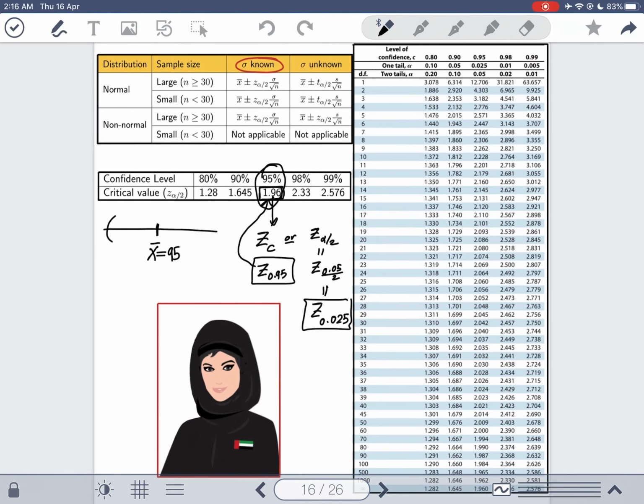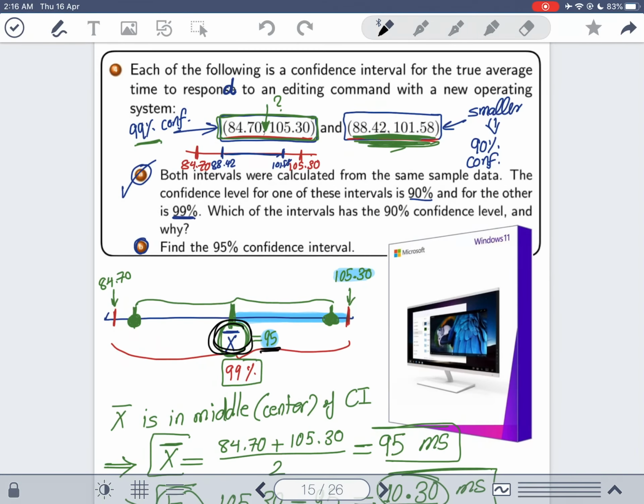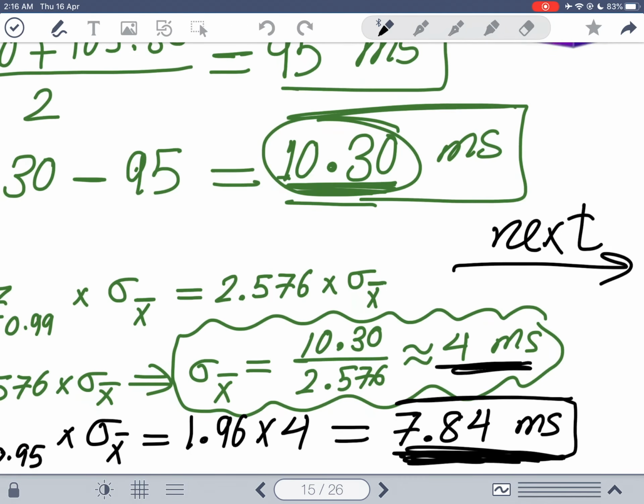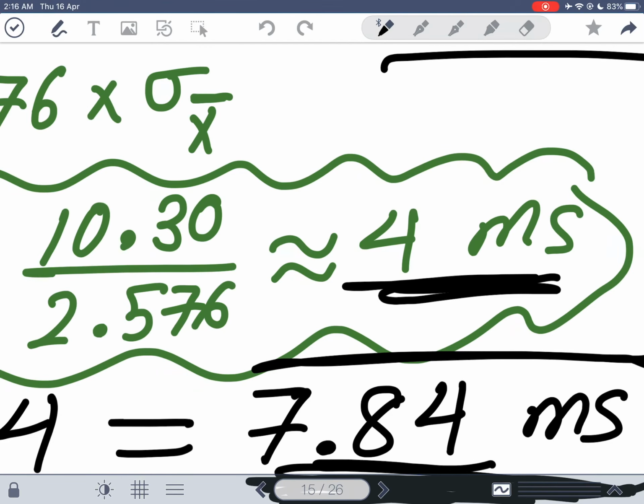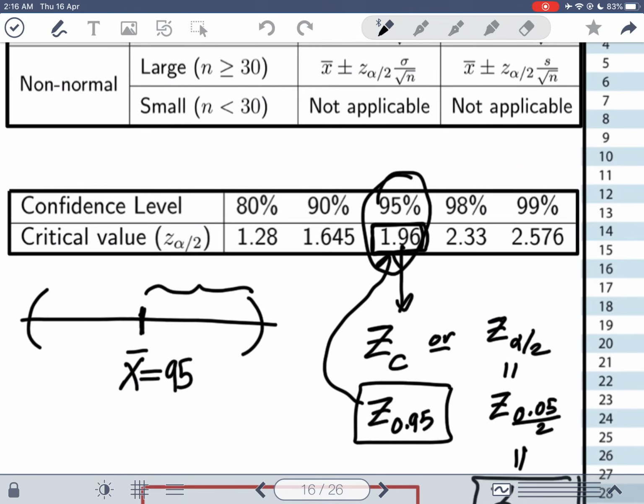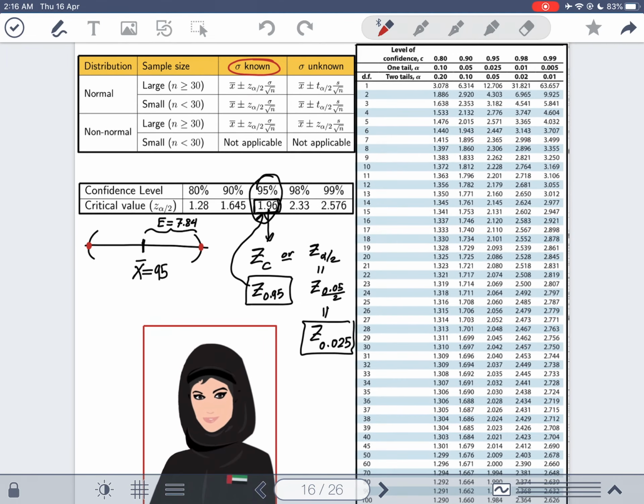And we know that the margin of error, or half of the length of the interval, we just computed it, 7.84. So I will put that this length, E, is 7.84. All you have to do now is find these two values. Very simple. Just subtract and add the margin of error to x bar. So this point here will be x bar minus E.